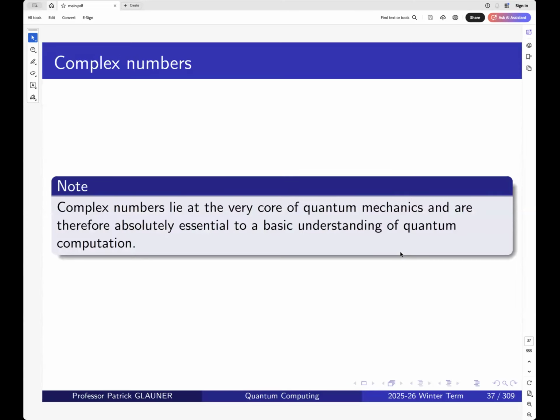So why are complex numbers so important to this course? Because complex numbers are the very foundation of quantum mechanics, because in quantum mechanics, we want to see quantum mechanics as a generalization of probability theory. And it turns out this can be done very well with complex numbers.